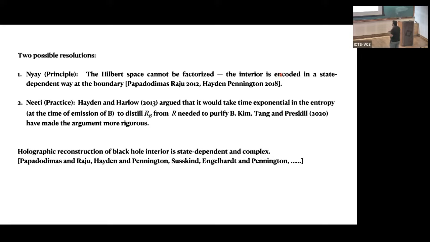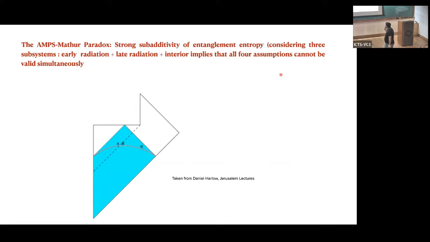Then there is another way to resolve this, the matter of practice. In principle you cannot see the cloning, because to see that the cloning is happening, you first have to locate the factor RB in R which is maximally entangled with B. This should be exponentially complex in the entropy at the time when B is emitted.